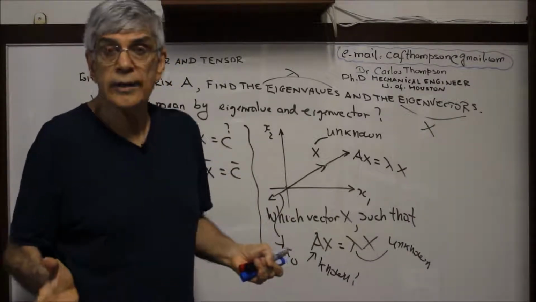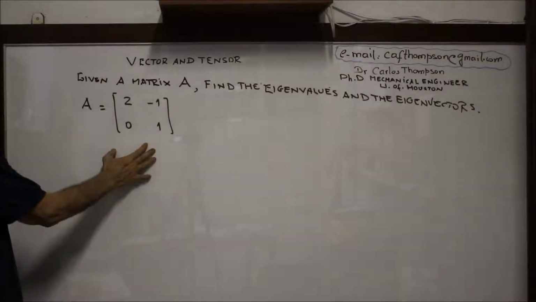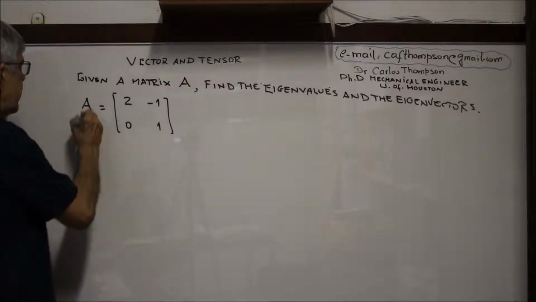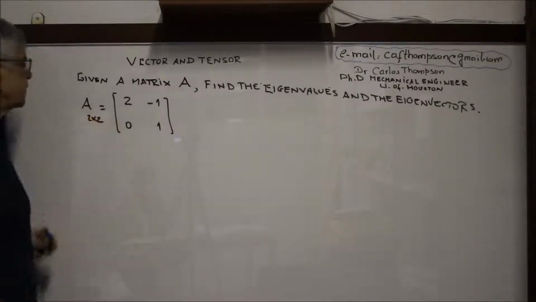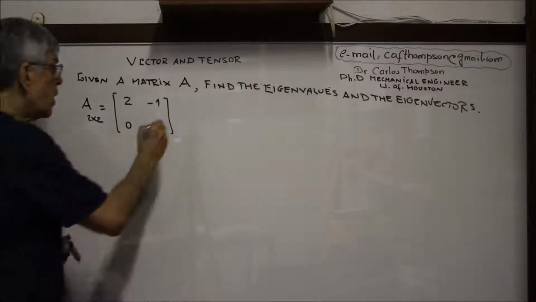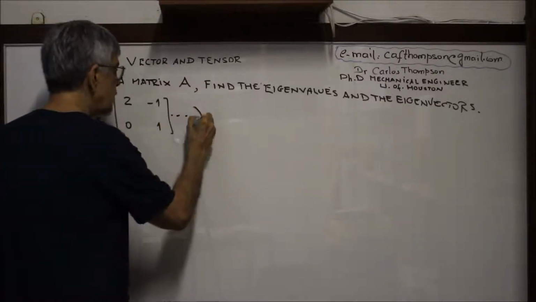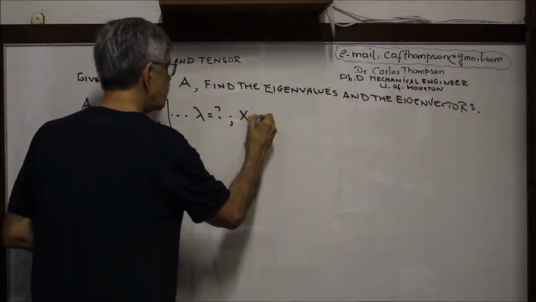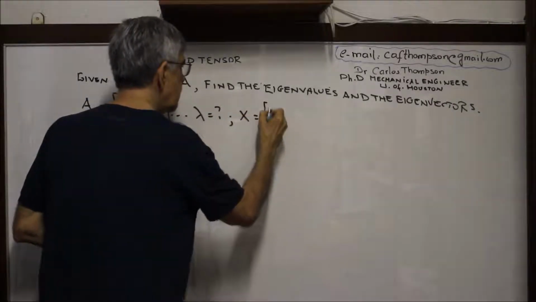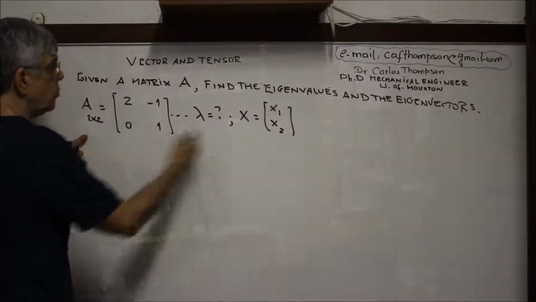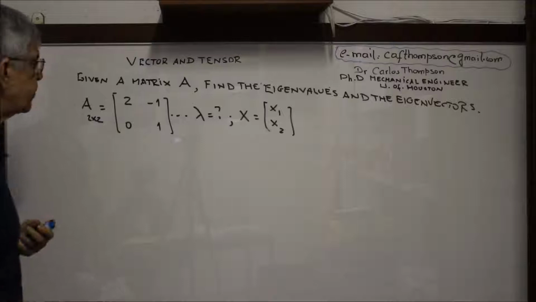Now, let's calculate. Let's solve using a very simple example where A is a 2 by 2 matrix. Now, give me A, this I know. What I want is lambda, and I want x. Let's call here x1, x2. Because it's 2 by 2, this is x.